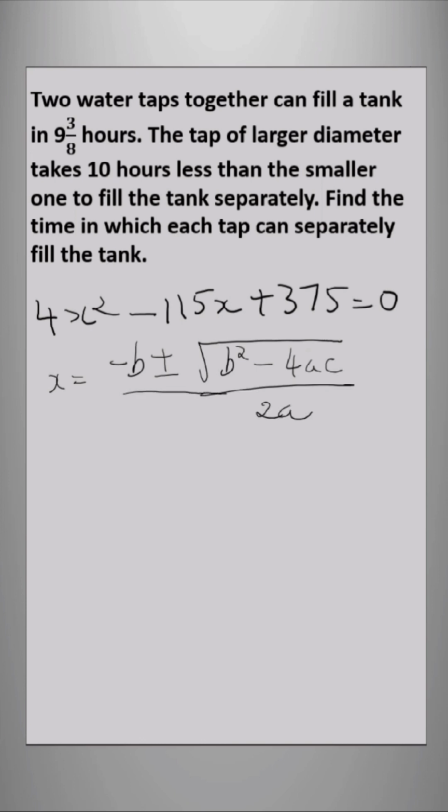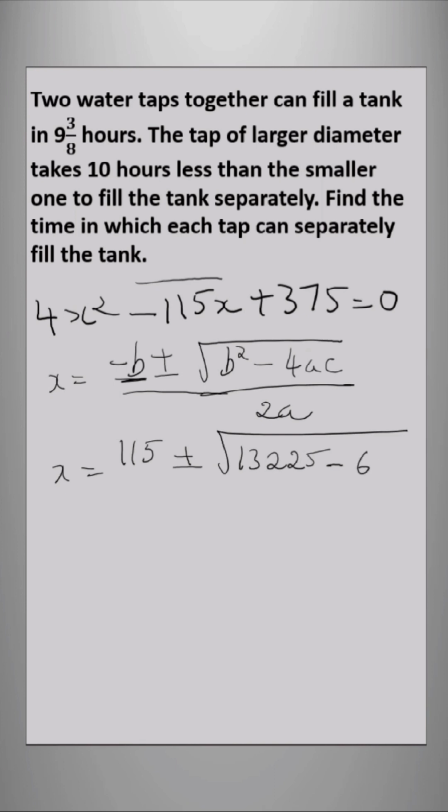Here, x is equal to negative of b, negative of minus 115, plus or minus square root of b square, 13,225, minus 4 into 4 into 375, that is 6,000, divided by 2 into a, 2 into 4, 8.